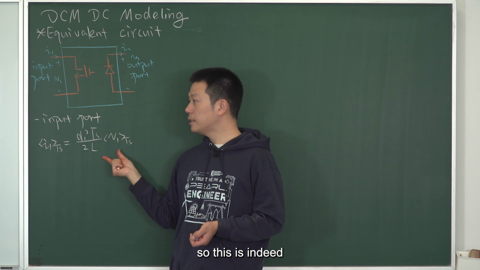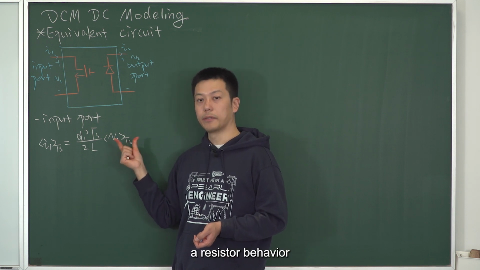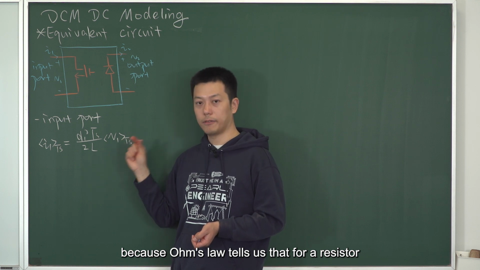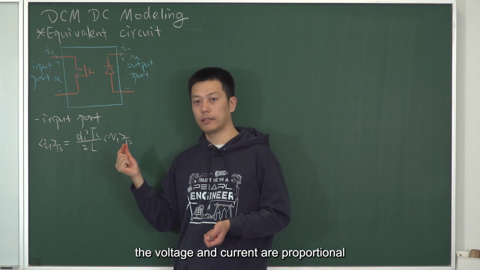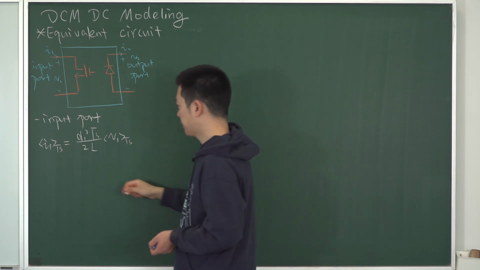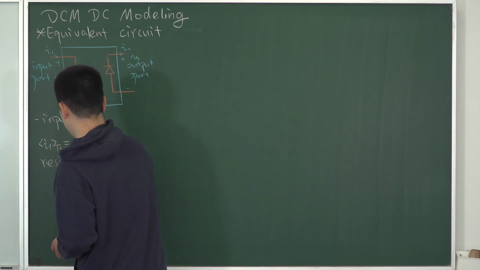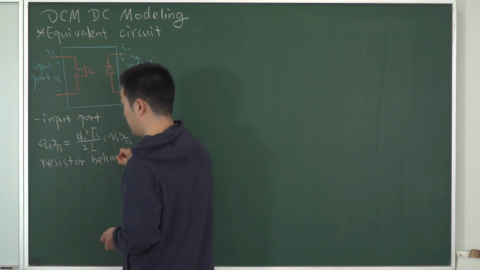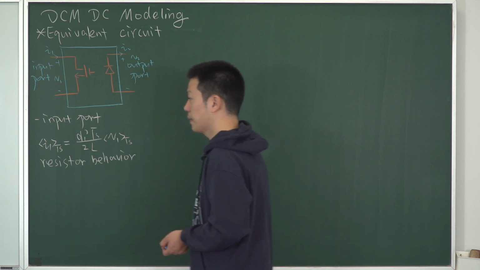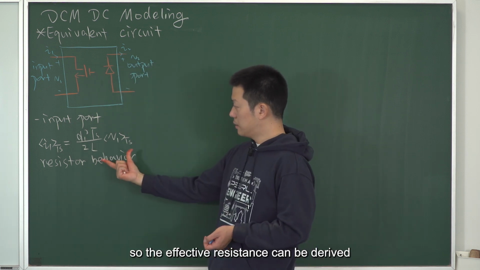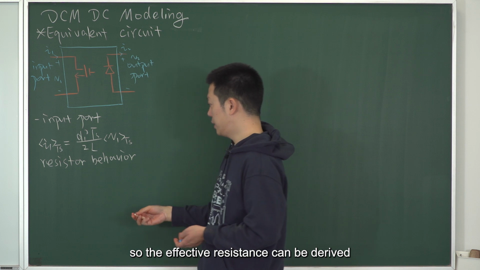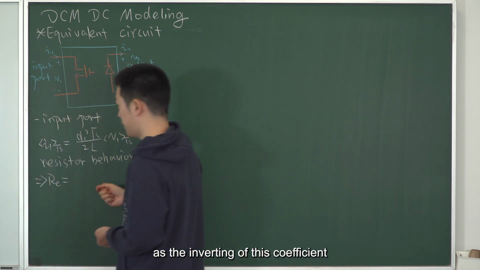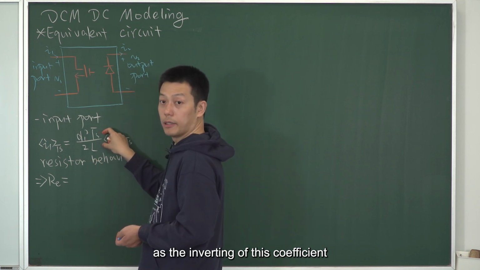So this is indeed a resistor behavior, because Ohm's law tells us that for a resistor, the voltage and the currents are proportional. So the effective resistance can be derived as the inverse of this coefficient, right?